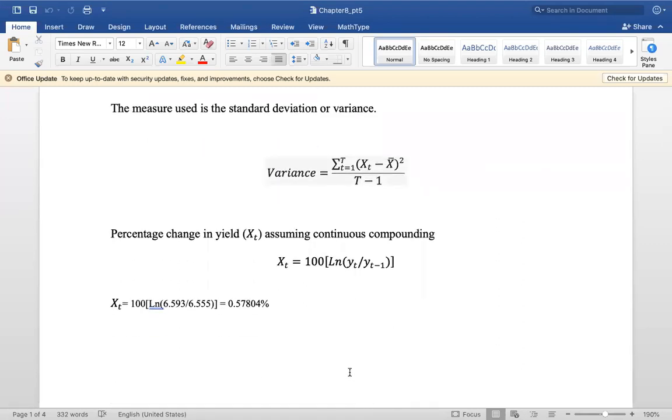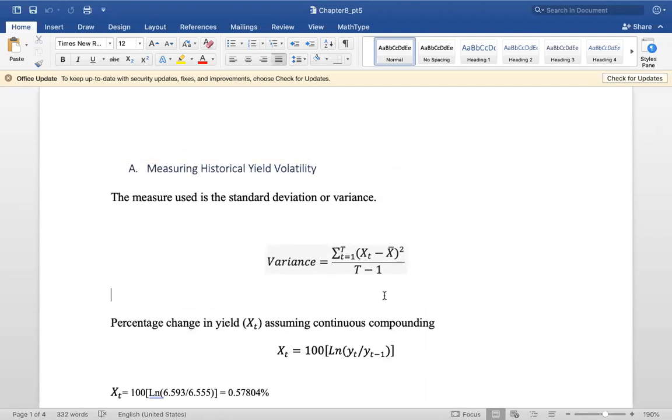We use the percentage change in the yield, assuming continuous compounding. So this is the variance, and the standard deviation is simply the square root of this variance. The percentage change in the yield is basically the change in the yield curve.